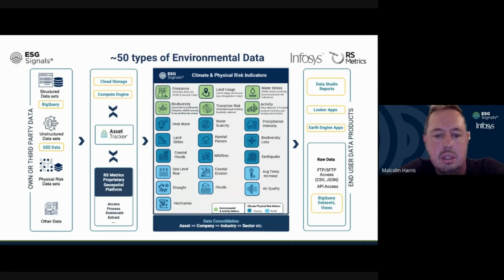So you can go into our platform, you can get any metric you want, right? Whether it's, again, biodiversity, water stress, land use, forward-looking physical risk indicators like heat wave, flood. And the point is, again, anyone in the company will be able to access anything they need. And not only that, if the company has existing geospatial data that they want to layer in for their own analysis, they can do that.